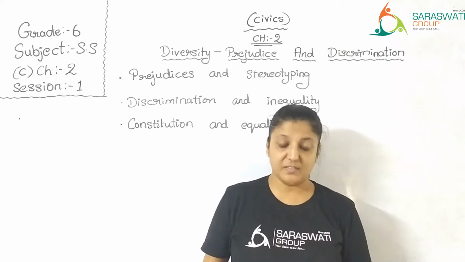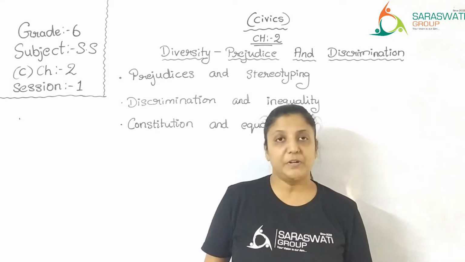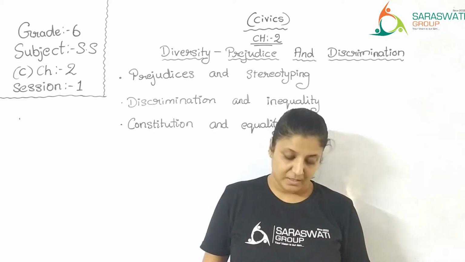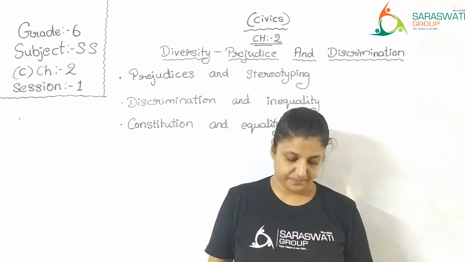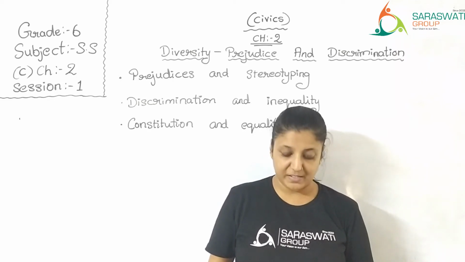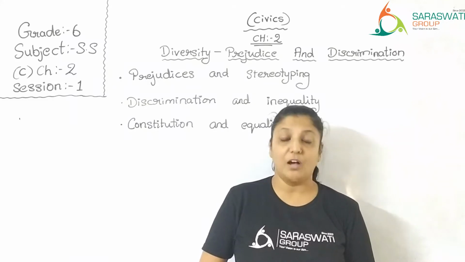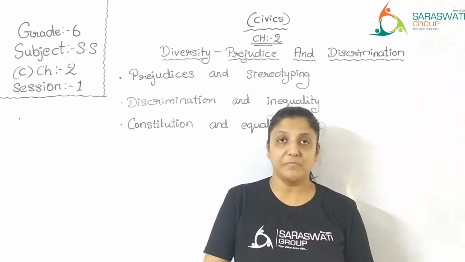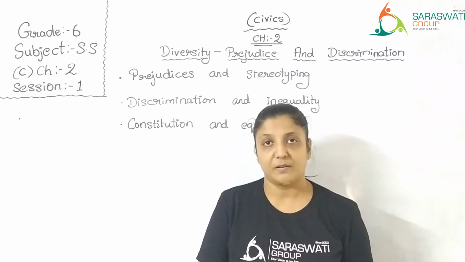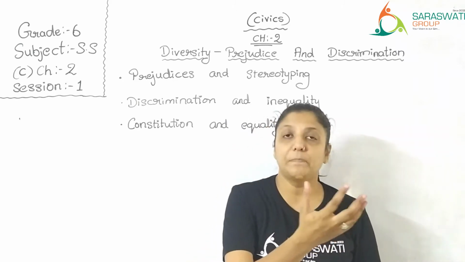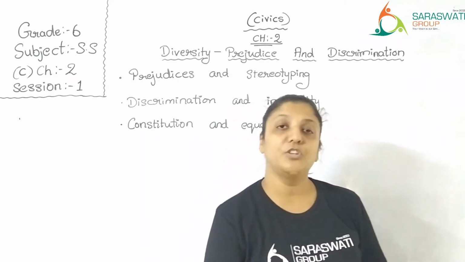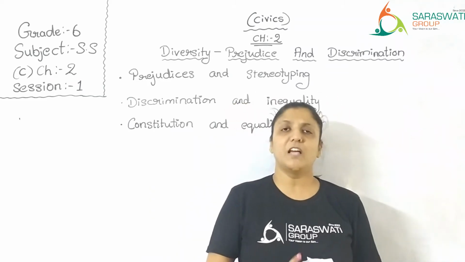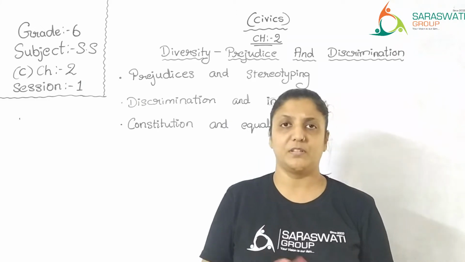Now prejudice and stereotyping. What is prejudice, kids? See, it is necessary to understand what prejudice is, how it can lead to discrimination and how it can be avoided. Prejudice means to think about something before you know that. For example, if you meet some new person, you sometimes have a prejudiced thinking regarding that person.